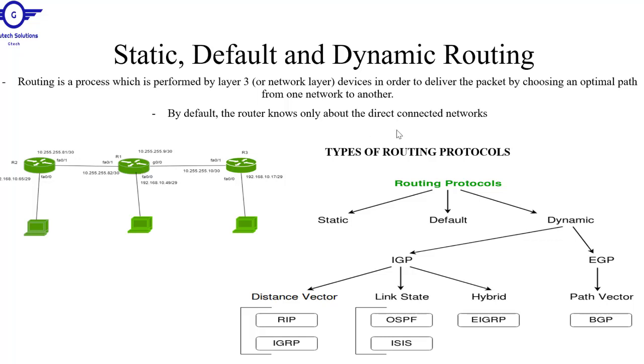All right. So we have several types of routing protocols. One is called static. Another one is called default, although these are a sub-branch of static. Another one is dynamic.